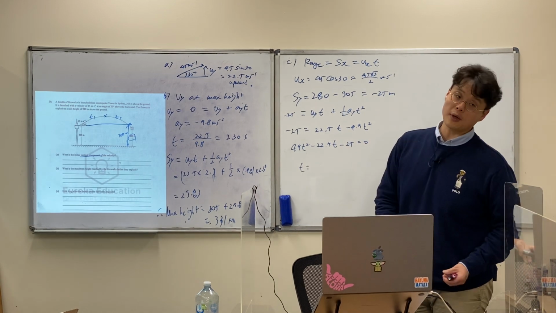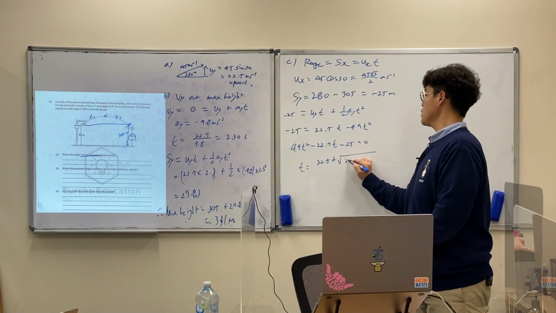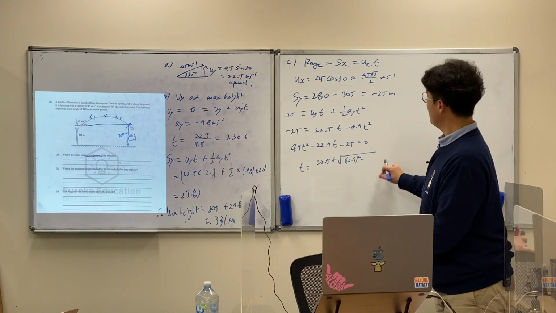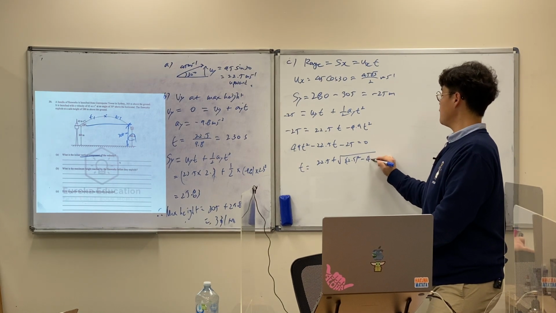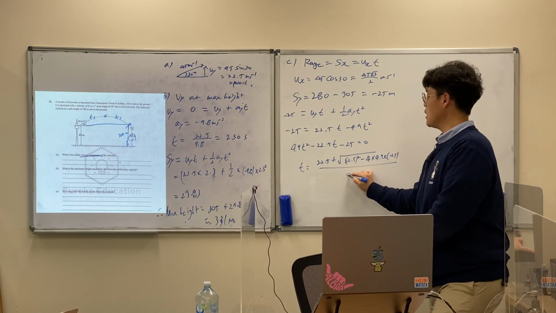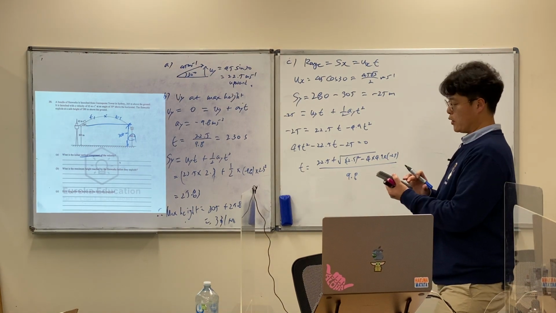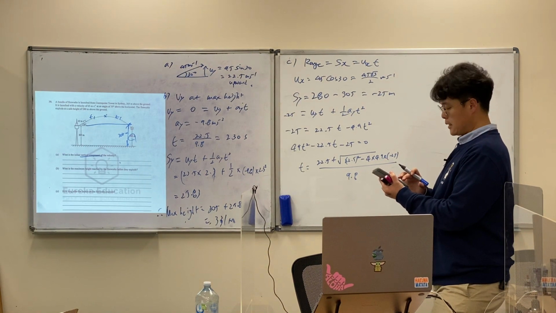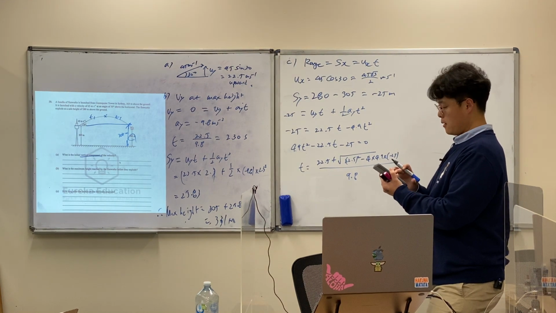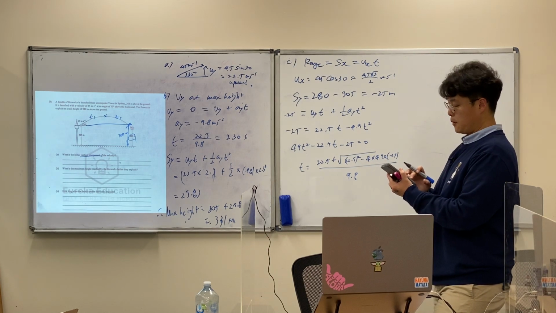Using the quadratic formula, t equals minus b, so 22.5, plus the root of b squared, 22.5 squared, minus 4ac, 4 times 4.9 times minus 25, all divided by 2a, which is 9.8.